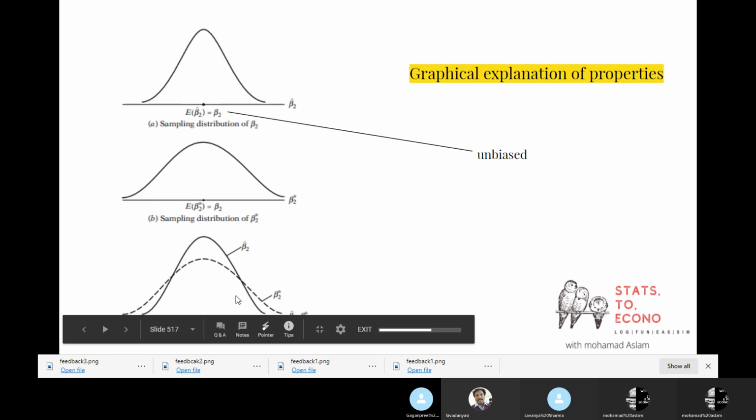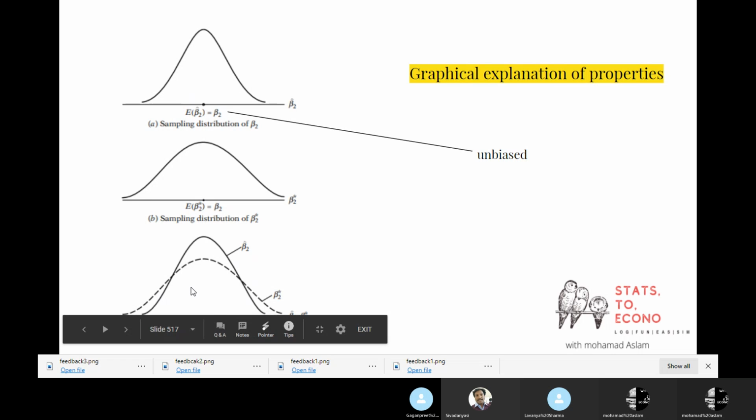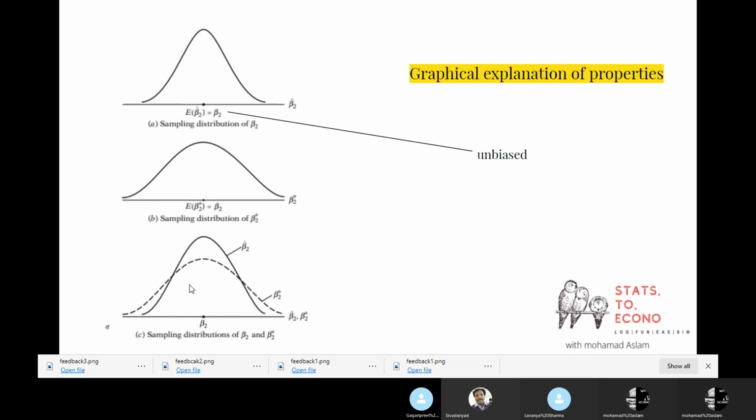The implication is that if the variance of this beta 2 hat is high, then there are a maximum number of chances that this particular value is not near the true population parameter. So we need its variance to be minimum so that most of the time this value will be near the true population parameter. Otherwise, it might be possible that most of the time its value is not near the population parameter, and we can't use that value.